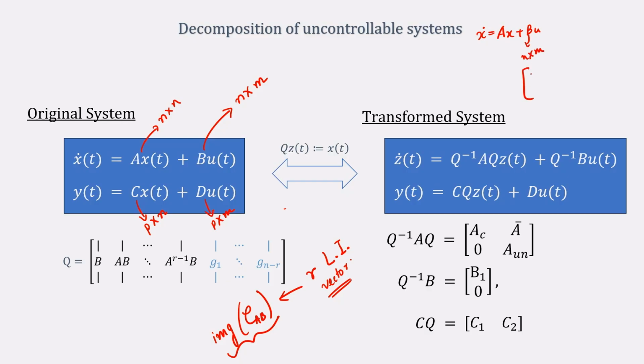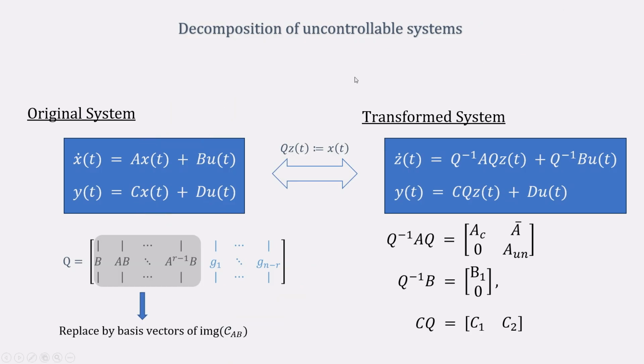I cannot say that you choose the first column to be B, because B is an n cross M matrix now, it is not a column. So, how do I go ahead and do the same idea? It is very easy, because what we can do is replace this, A to the power of R minus 1 B, which we did for the SISO case, with a basis of image of CAB.